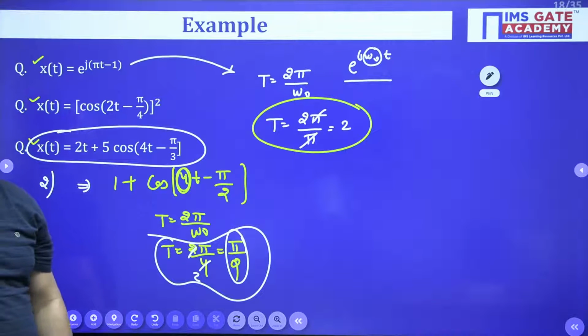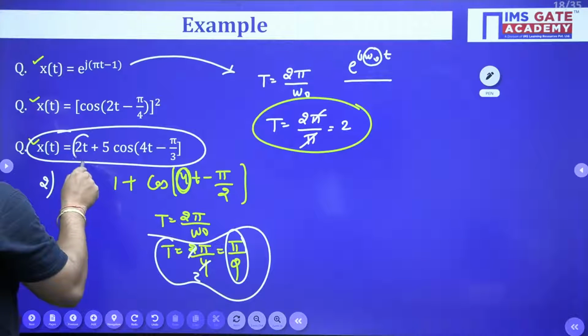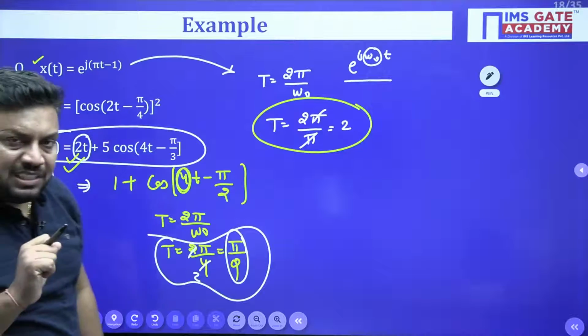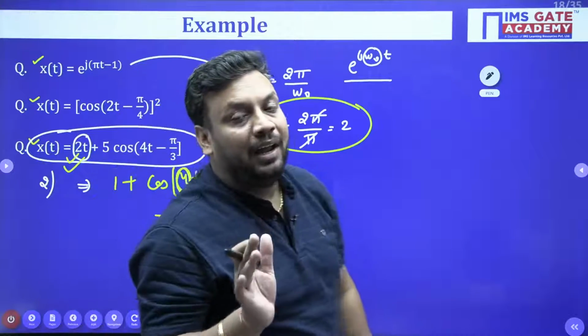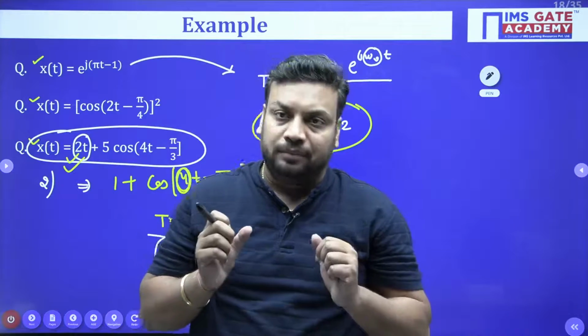Infinite. It means non-periodic, Vedai. It means non-periodic or what? Because of this 2t nature. If only 2 is there, then we don't have any problem. Why? Because the signal is independent of amplitude shifting.